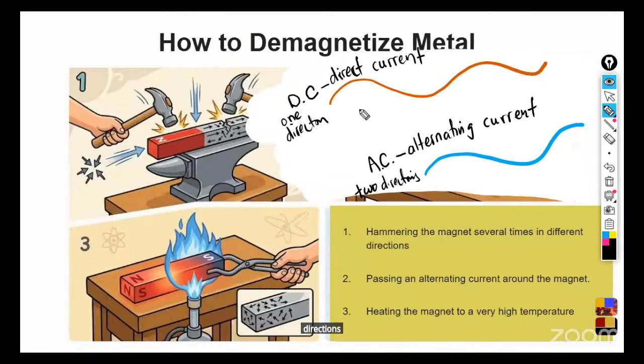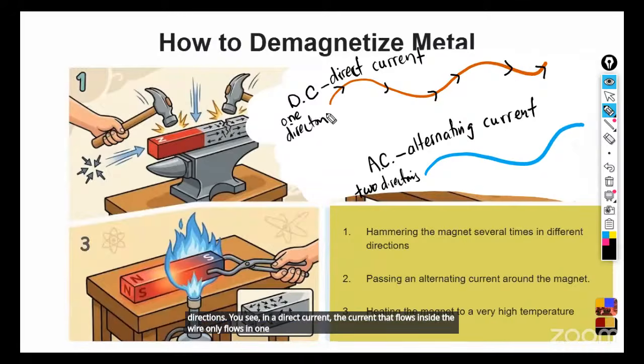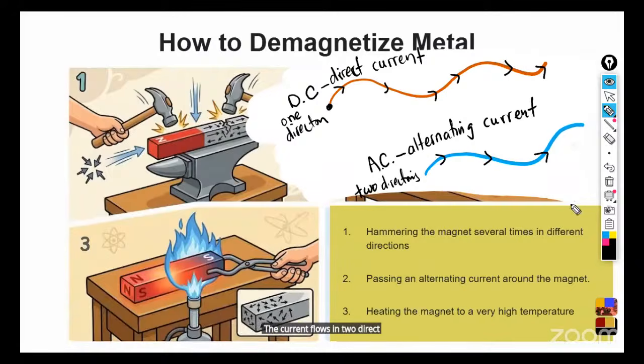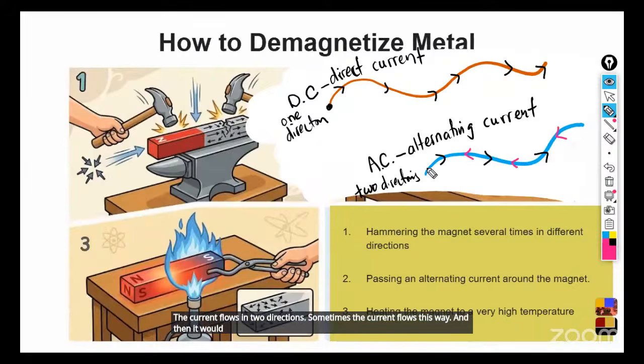You see, in a direct current, the current that flows inside the wire only flows in one direction. So in this case here, it's flowing from this side all the way to the other side. In alternating current, the current flows in two directions. Sometimes the current flows this way, and then it reverses and flows the other way.